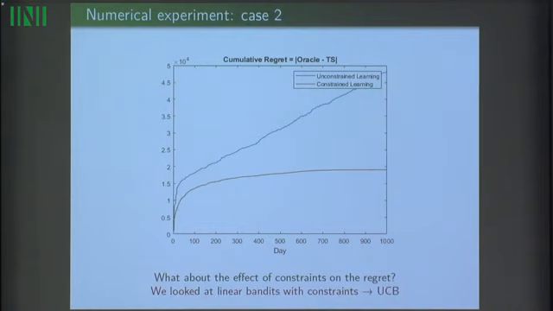We have looked at a very special case with UCB, which is essentially assuming a linear cost subject to linear constraints, and we have looked at the effect of applying UCB in this case. What UCB does is create confidence regions within which the parameter theta lies.